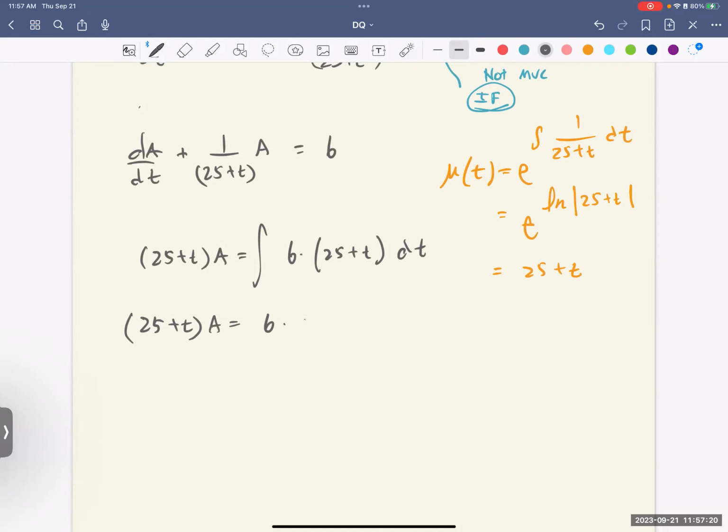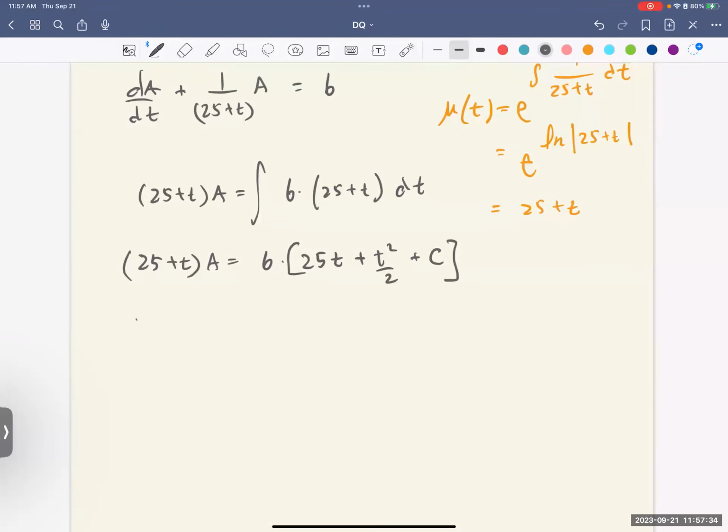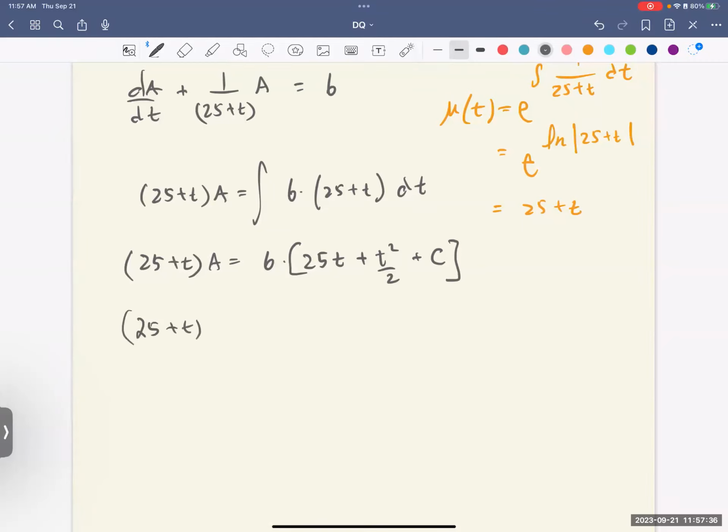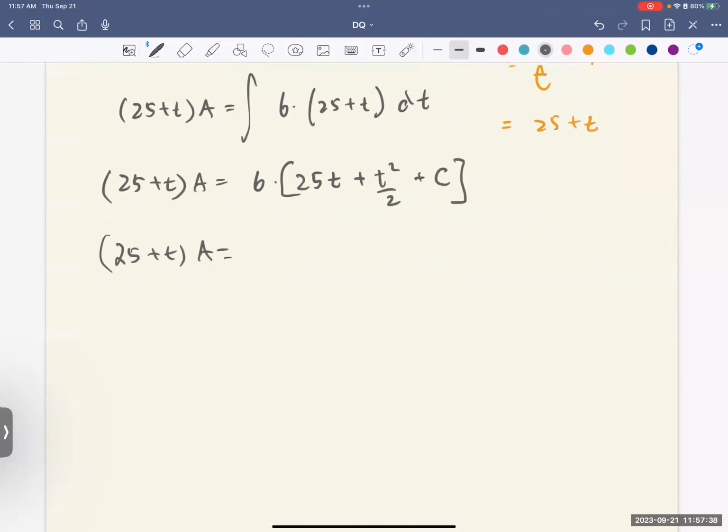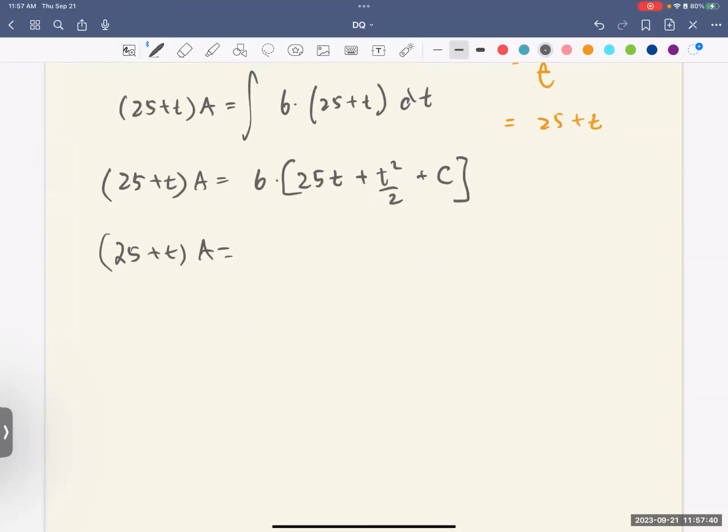the antiderivative of 25 plus t, which is 25t plus t squared over 2 plus a constant C. Let's rewrite: 25 plus t times A is equal to, if we distribute that 6 to the 25t, t squared over 2, and the constant. The constant we'll just rename as a new constant.